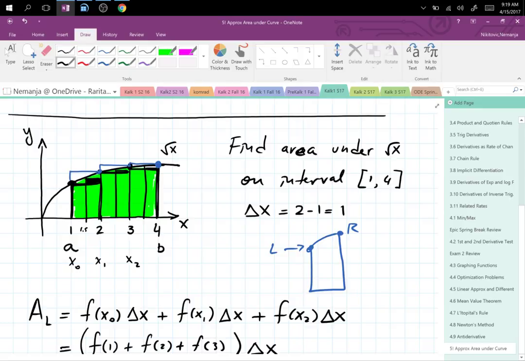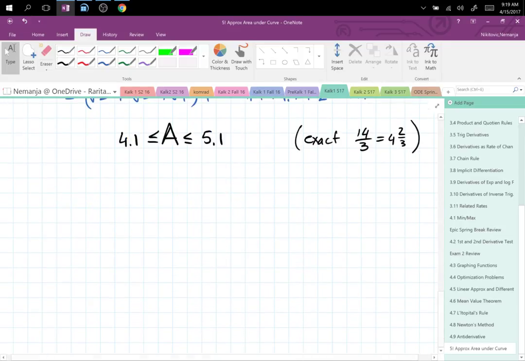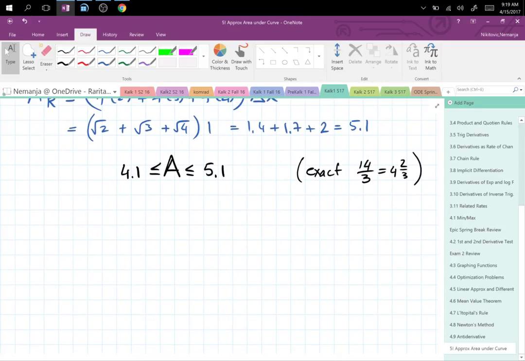Now I'm going to draw a new picture, with more of this stuff present. So here we go, drawing 101.